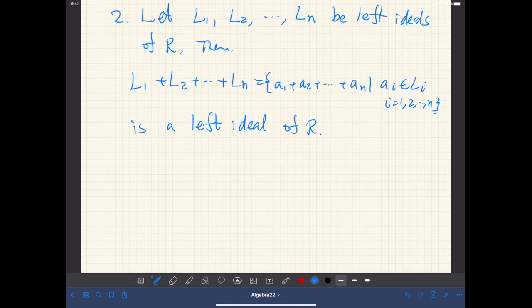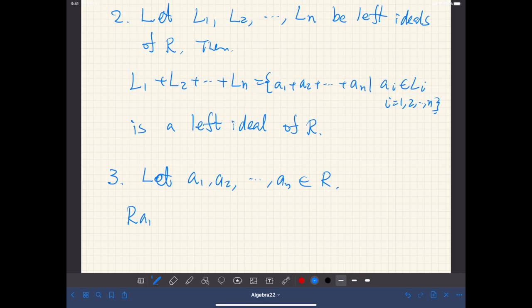And by combining part 1 and part 2, we have the following. Let a1, a2, an be elements of the ring.